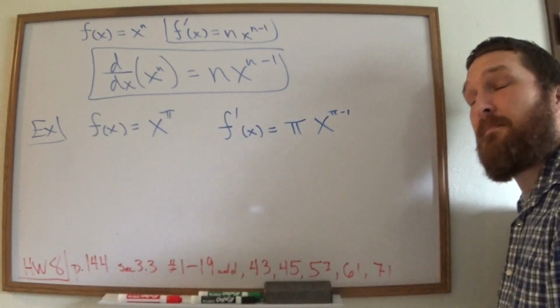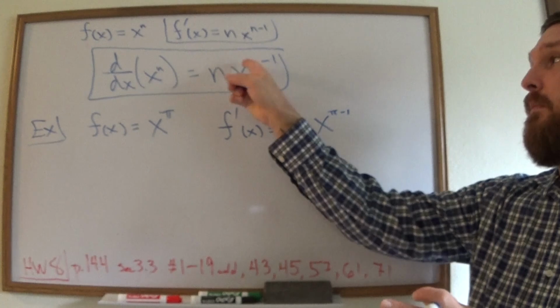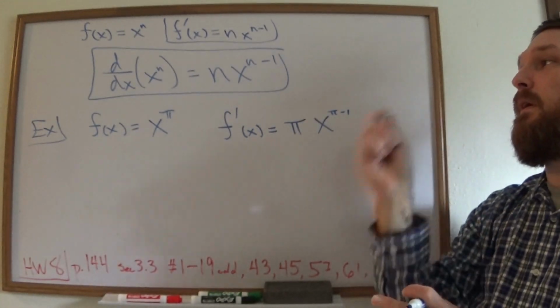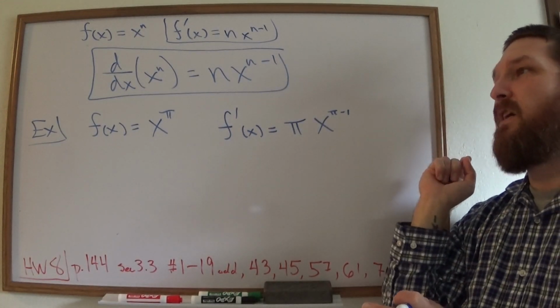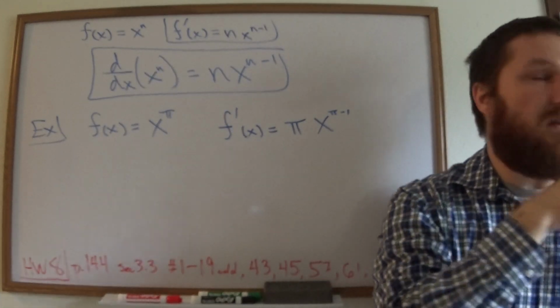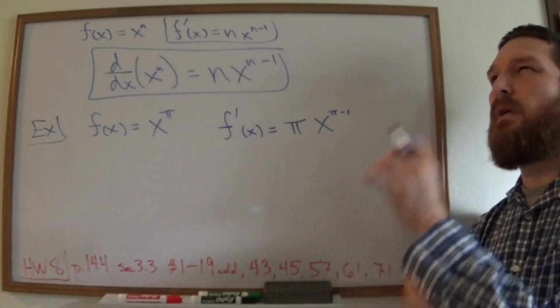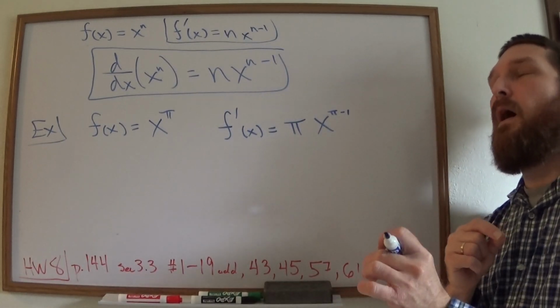That's exactly true. We can't prove this yet, but this does work for all real numbers. When we go into chapter 7, we'll prove it for all real numbers. Later in this section, we'll get to it Thursday, we'll be able to prove it for negative numbers, I think.